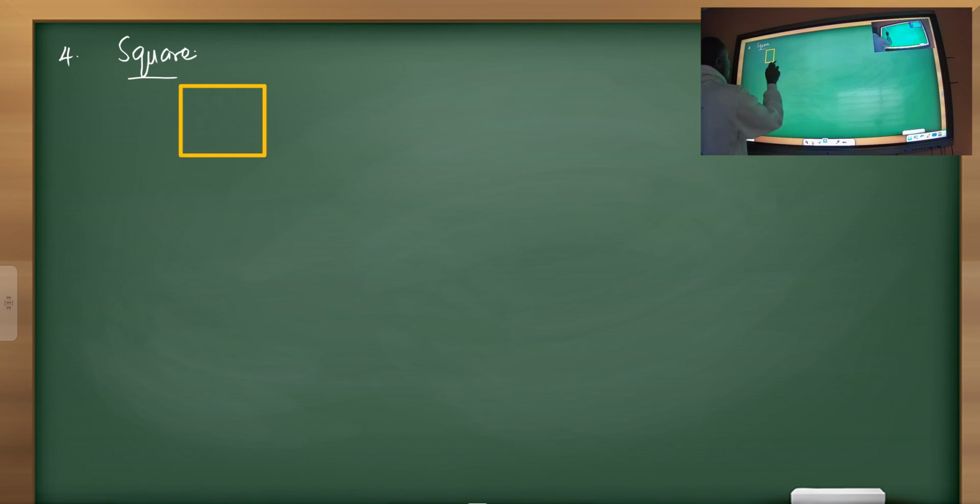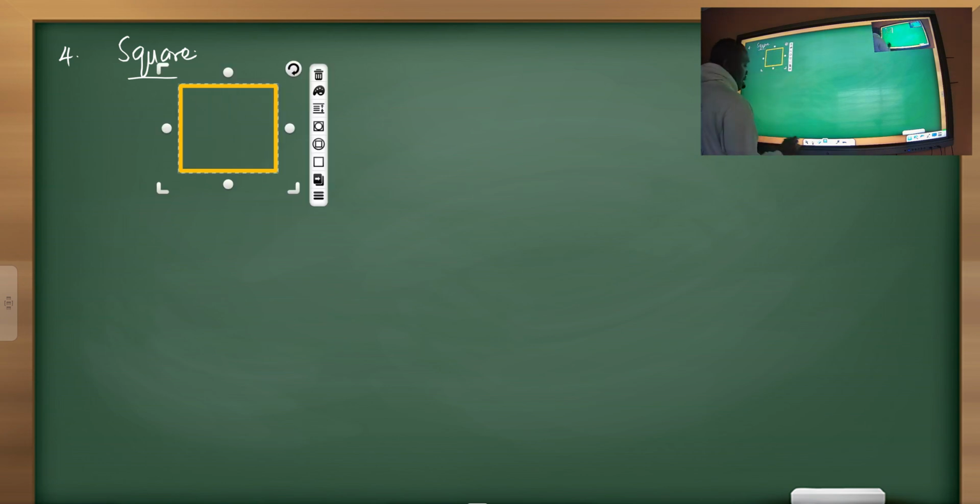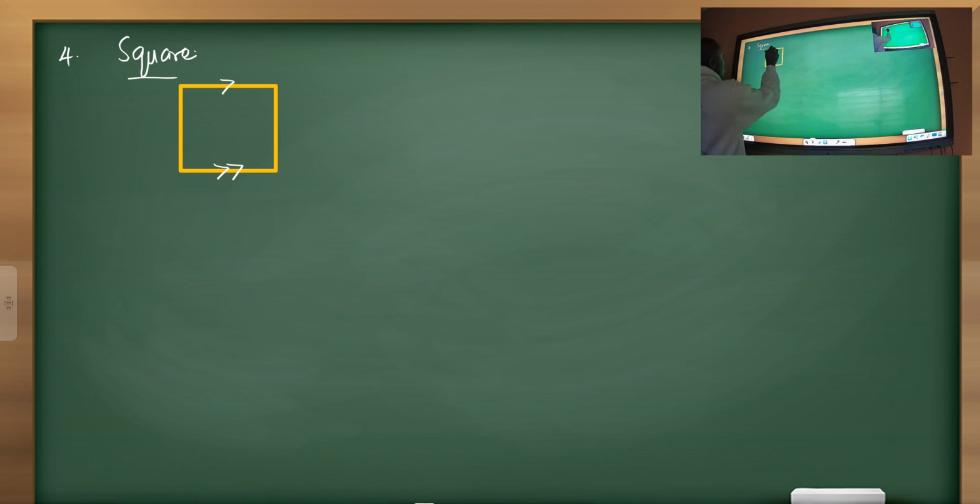All right. Number 4, a square. I'm sure we know what a square is. So if I talk about a square, these sides are not just parallel, all the sides are now equal. So I'm going to use one line there. All the sides are equal and all angles are equal to what? 90 degrees.